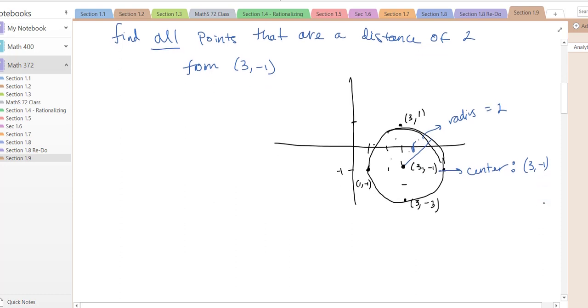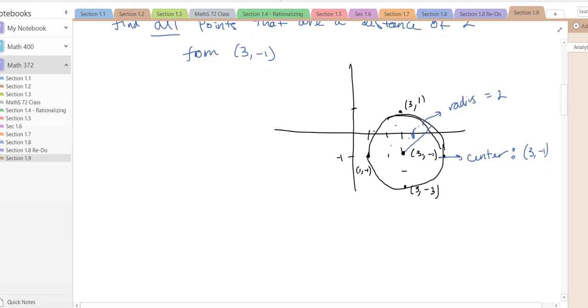So how do we write the equation of a circle then? If I can represent any point on the circle, say the point x, y, then I can use the Pythagorean theorem or the distance formula. The previous videos that I shared with you talked about distance. What is this distance? This is the point x, and this is the point x equals 3.